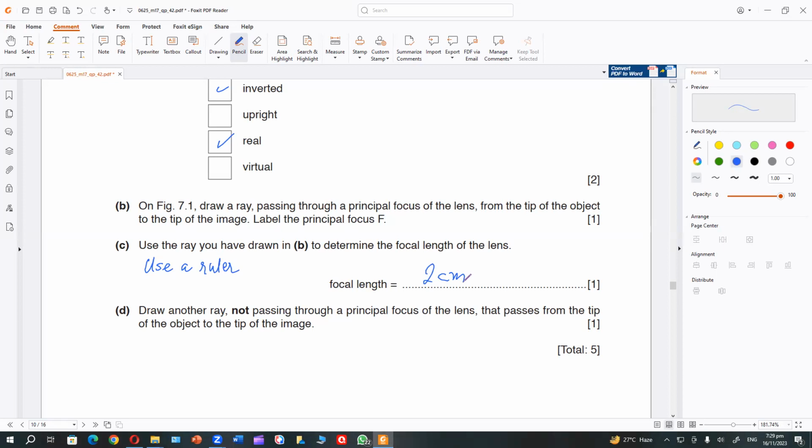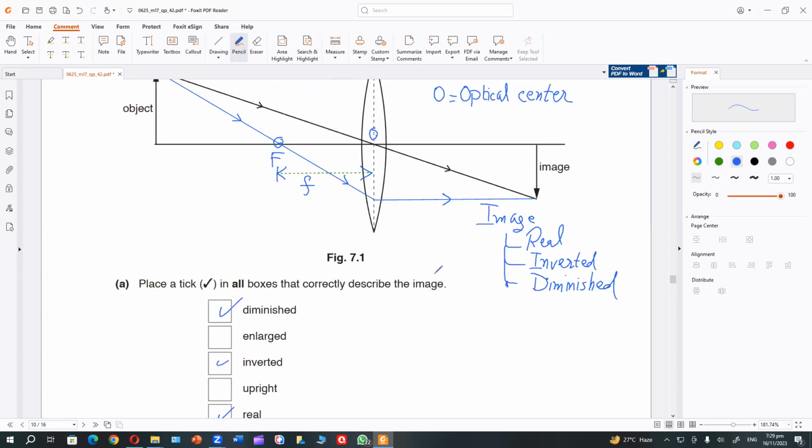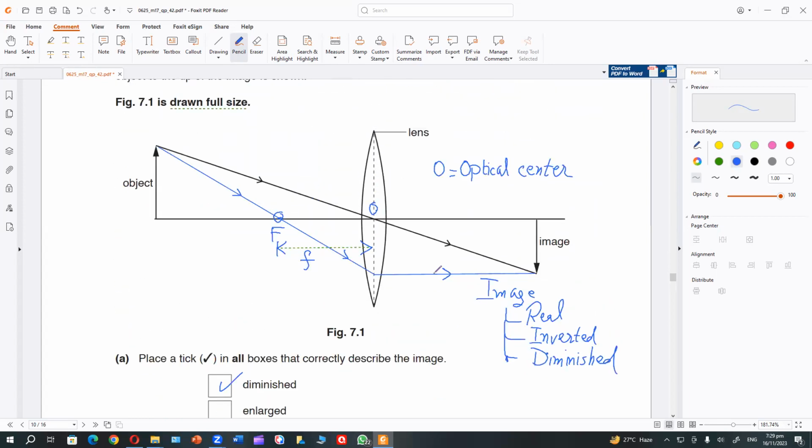But he wants that you should not pass through the focus. Focus means capital F. This is capital F. Examiner wants that you should not go through the focus. So you can take any ray.